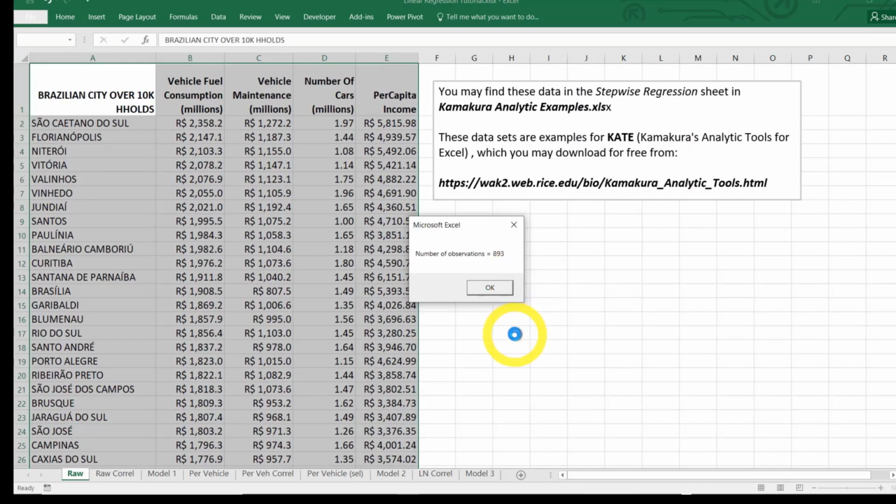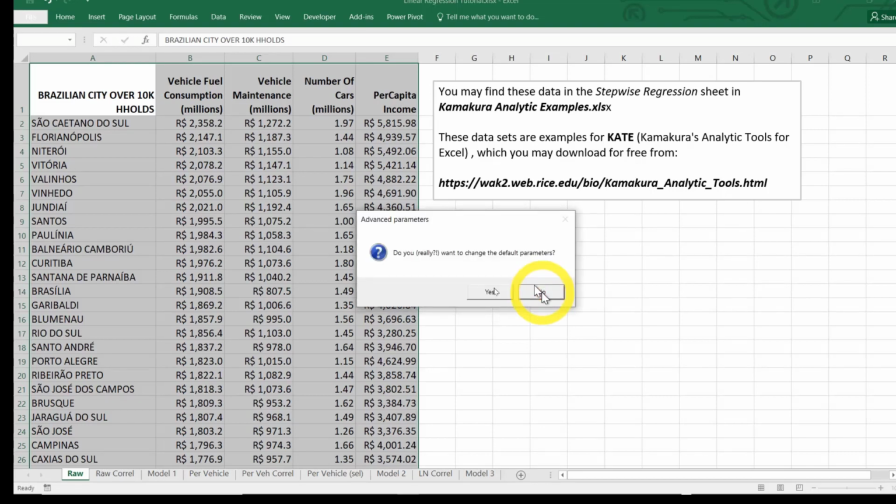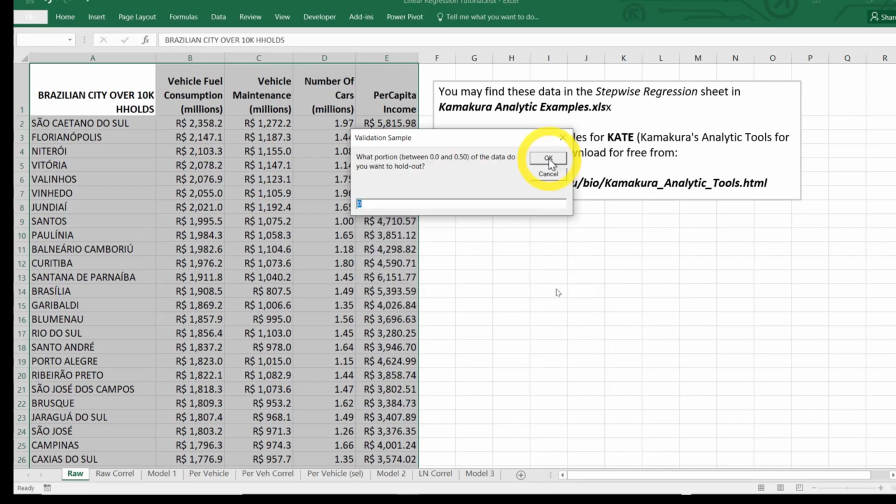It has already read the data. It's saying that there are 893 observations, 3 candidates for predictors. It allows you to change the default parameters for the sensitivity in variable selection and so on. I don't want to do that, so I say I don't want to change. And it also allows you to do some predictive testing: to what extent the regression model that it will pick works well for making predictions out of the sample.